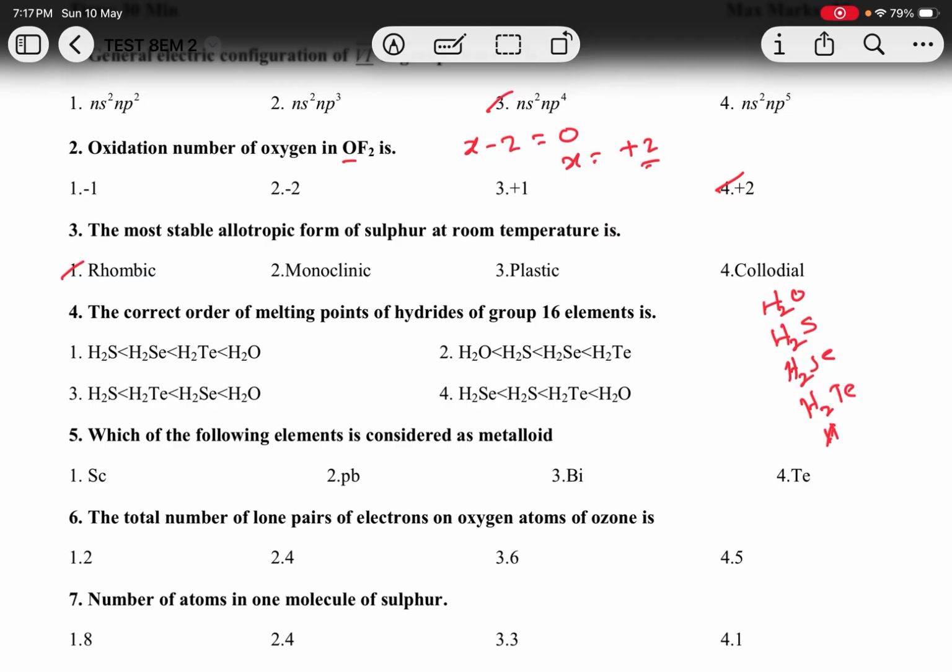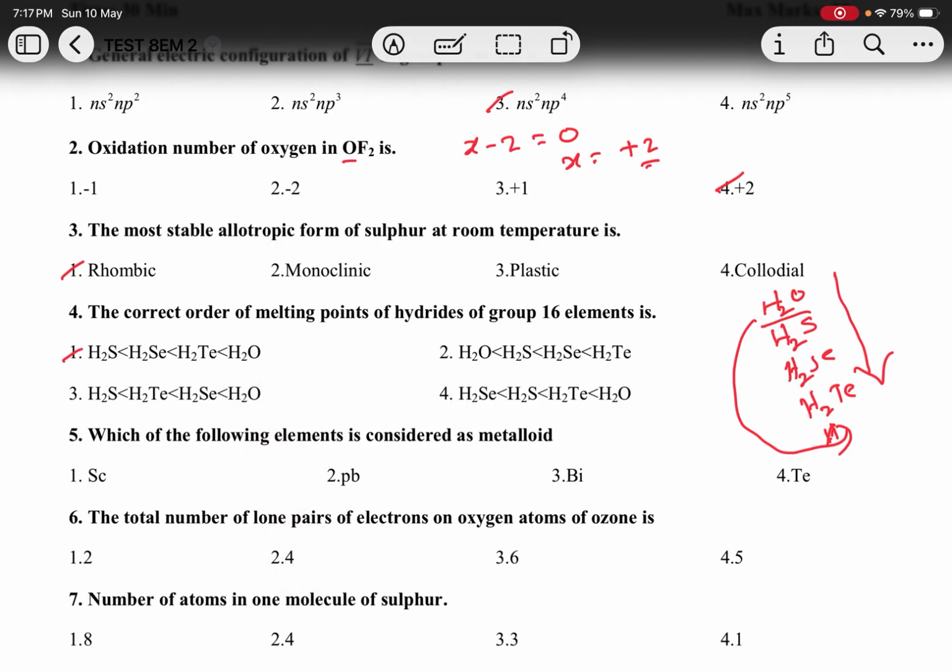That means top to bottom increases, but in the case of H2O, due to the presence of intermolecular hydrogen bonding, it has a higher melting point. So option 1 is the correct one: H2S, H2Se greater, next H2Te and H2O. H2O has a higher melting point due to the presence of intermolecular hydrogen bonding, so it has an abnormal melting point.